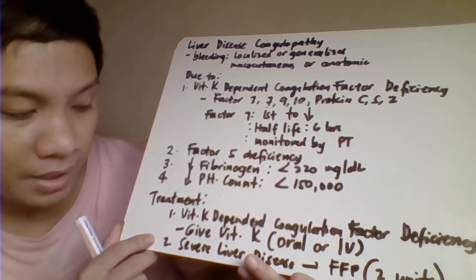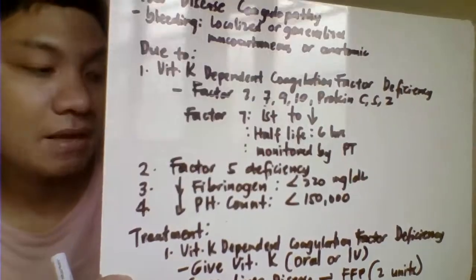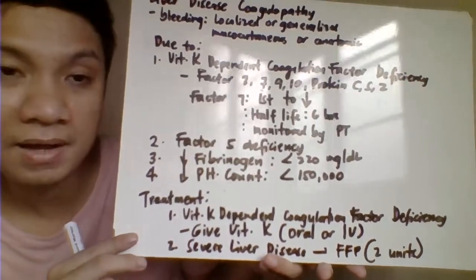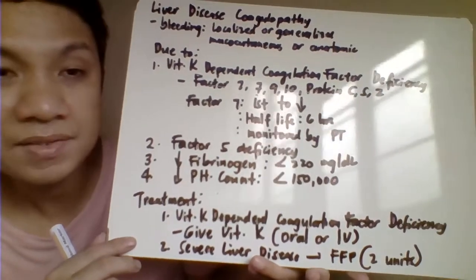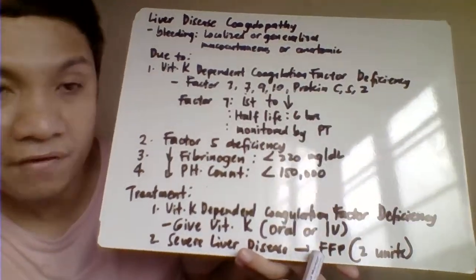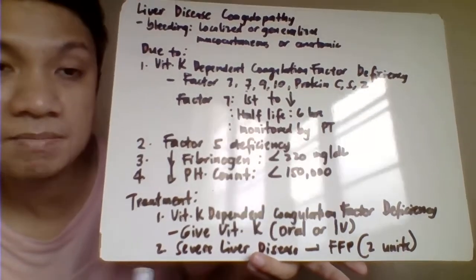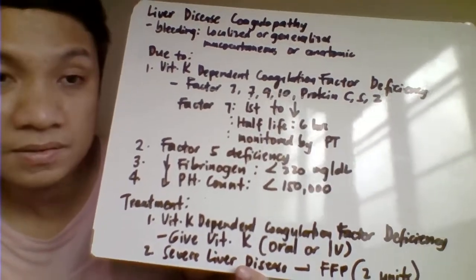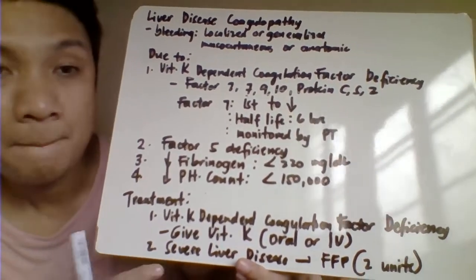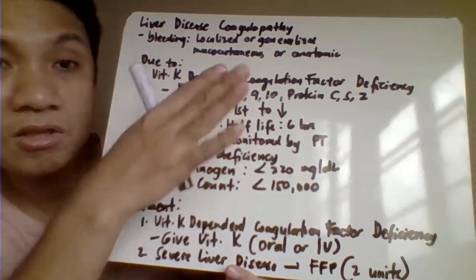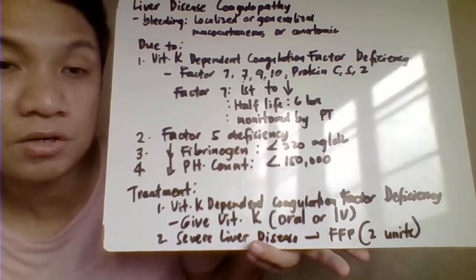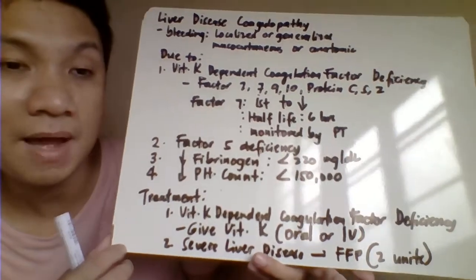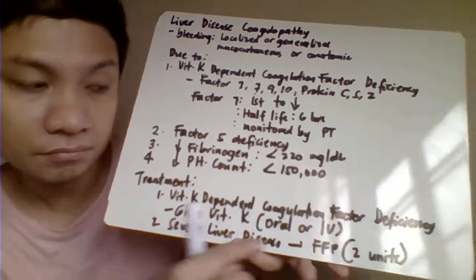Another one, for the severe liver disease, pwede ka nang magbigay ng plasma concentrate in the form of fresh frozen plasma. Again, your fresh frozen plasma contains all coagulation factors and therefore could help primarily to stop the bleeding related to the decreased production of your coagulation factors, because may damage ang liver ni patient natin.